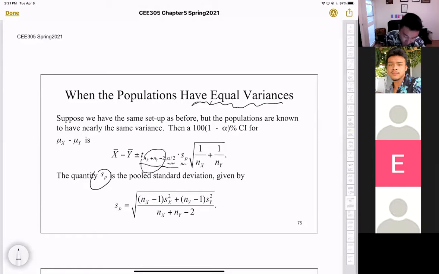SP is called the pooled standard deviation, which is given by this equation. So SP is a function of nx, sx, ny, and sy. So again, when we know the two populations have the same variance, that's a special situation. If that's the case, we should use this equation.